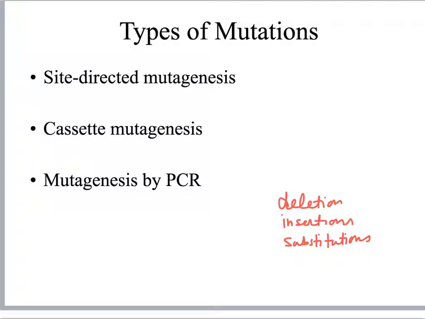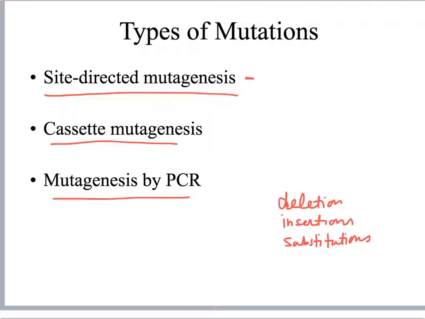Some of the types of processes that we see for these mutations include site-directed mutagenesis, cassette mutagenesis, and mutagenesis by PCR. Now the site-directed allows for the generation of mutant proteins with a single amino acid substitution. So substitution is going to be the case there.